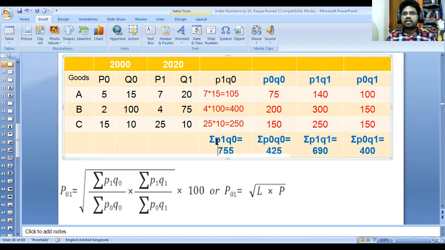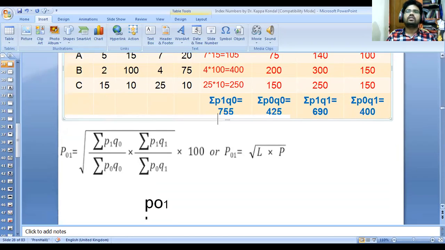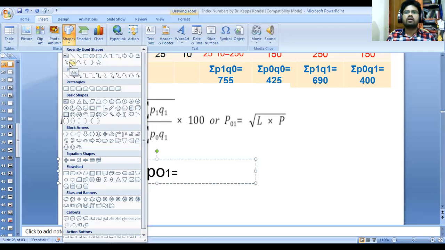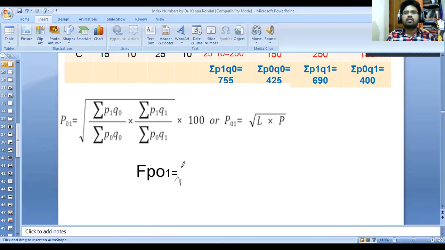After getting these values, we can simply substitute in the formula. If time permits, I will put the under root, or else this time not.